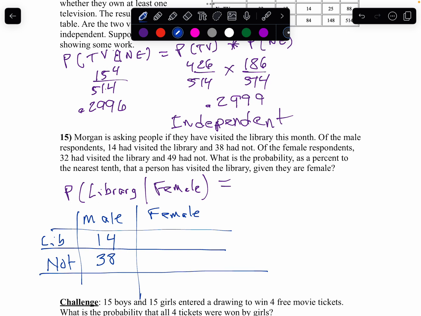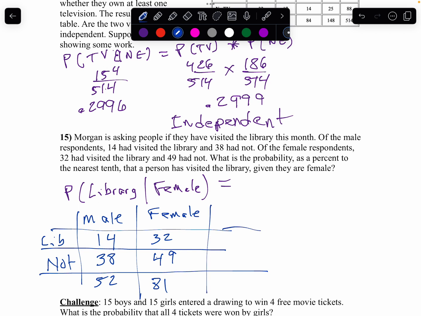So my column total, 38 plus 14, would be 52. Now we'll look at the females. Of the females, 32 had visited the library and 49 had not. So 32 plus 49, that's 81. That's the one I'm going to want here in a second.